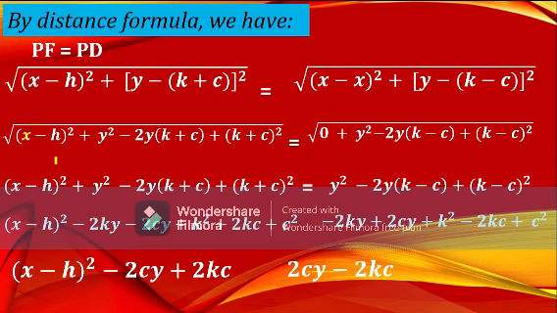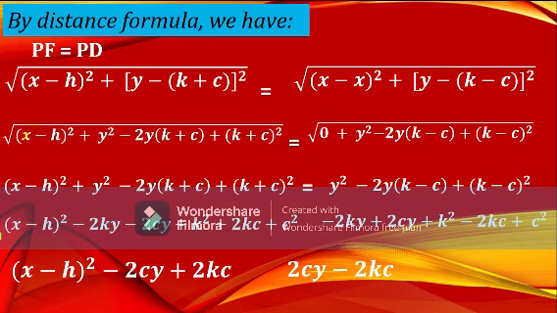We're going to extract the square root of both sides of the equation. Now the square root symbol is eliminated, so we are left with x minus h quantity squared plus y squared minus 2y times the quantity k plus c plus k plus c quantity squared is equal to y squared minus 2y times k minus c plus k minus c quantity squared.